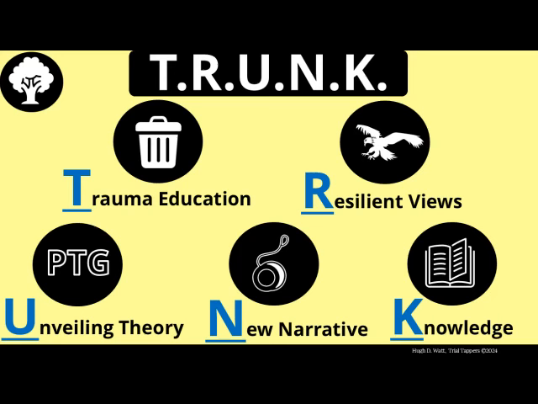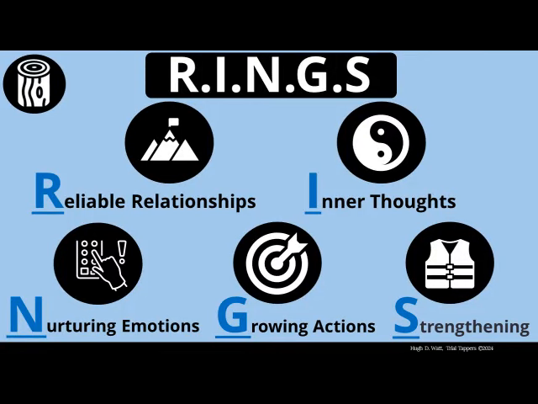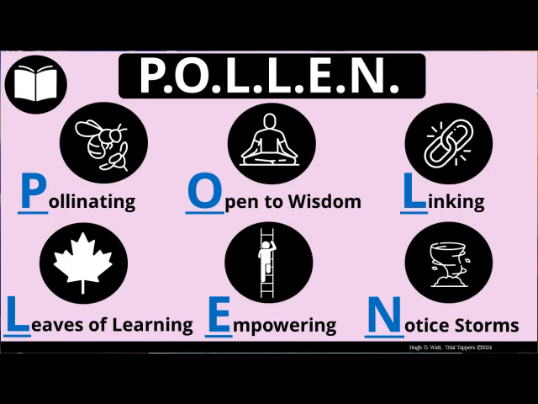Now TAPPERS is also an acronym, which is an overarching acronym. The first acronym that I taught in a prior video was for the letter T, which was for the trunk or core understanding. The next was for the R, which was for the rings, which I explained in another video. In the acronym TAPPER, the first letter P was for the pollinating stories, which I explained in another video.